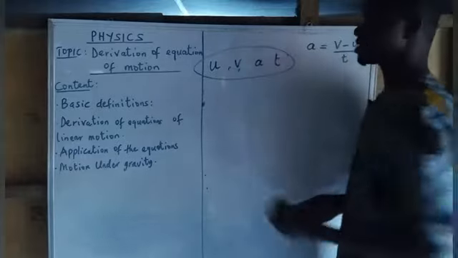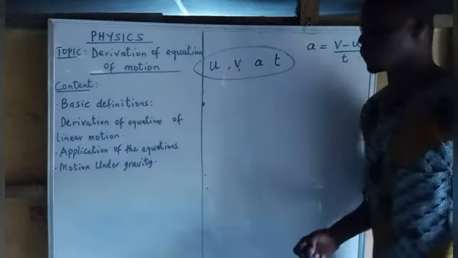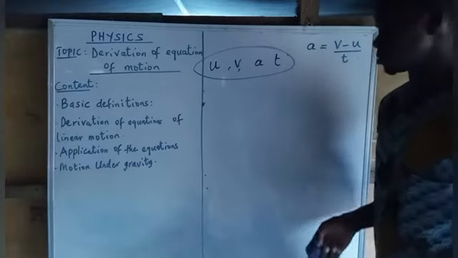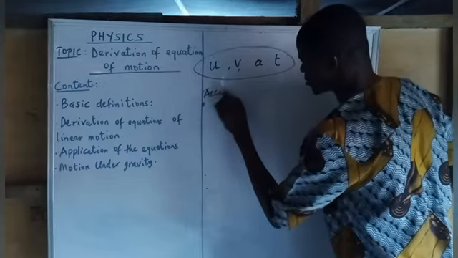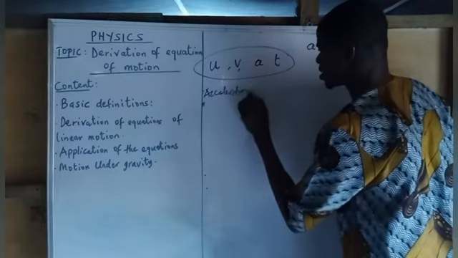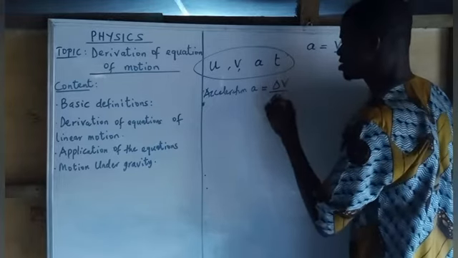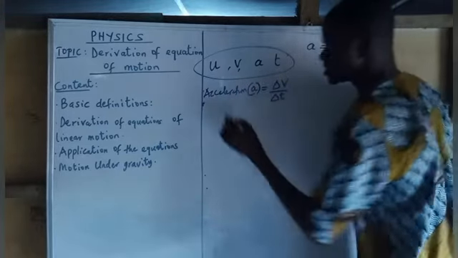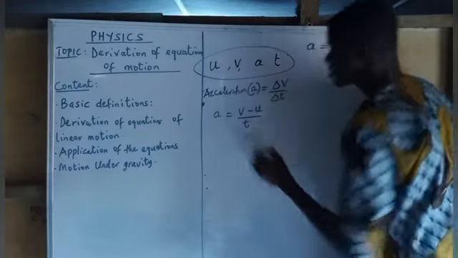These four parameters can be combined to give us what we call our first equation of motion. From our definition of acceleration, we said acceleration A is equal to change in velocity over change in time. That is, A is equal to V minus U all over T.